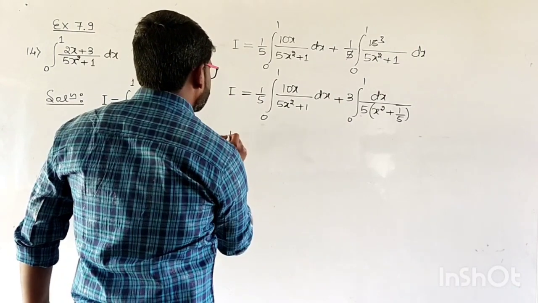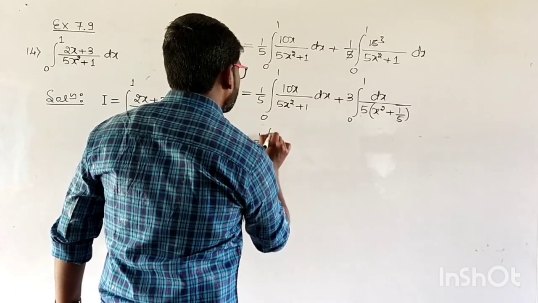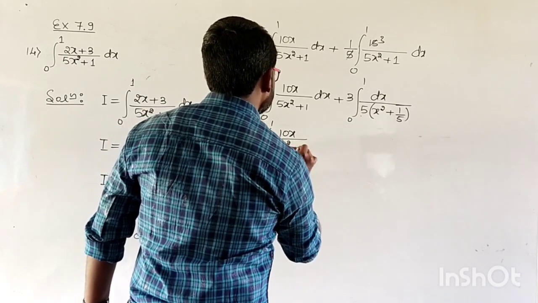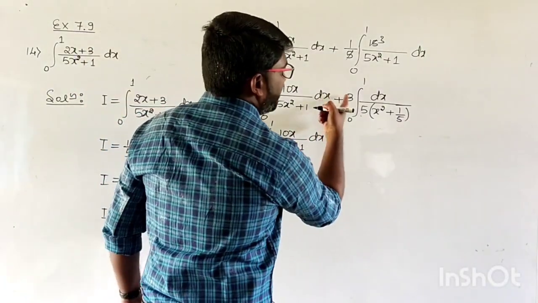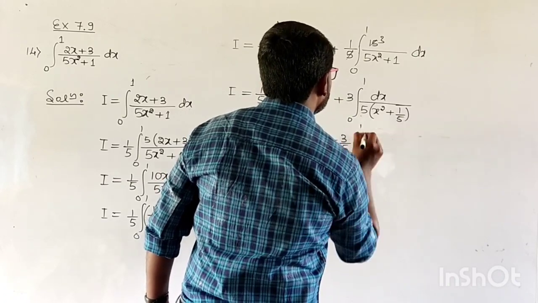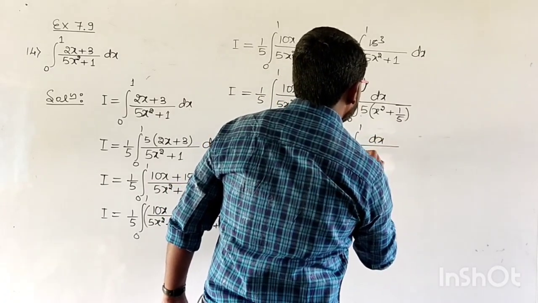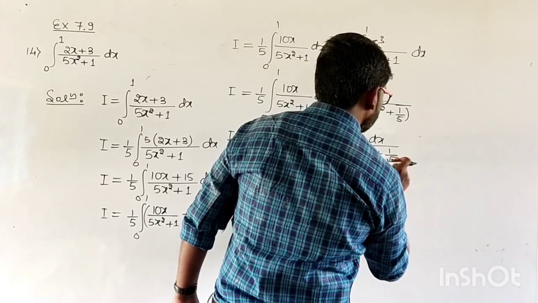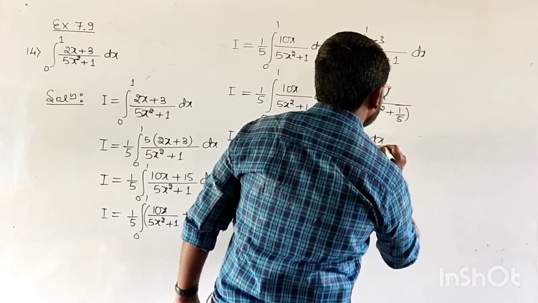So see here, I is equals to 1 by 5 integral 0 to 1 10x divided by 5x square plus 1 dx, then 3 by 5 is a constant, write it outside, 3 by 5 integral 0 to 1 dx upon x square plus (1 by root 5) the whole square.